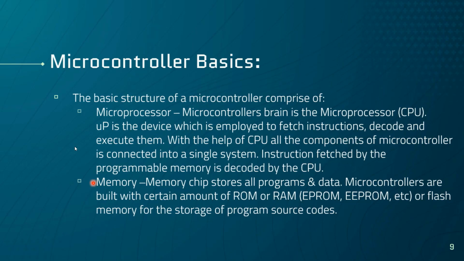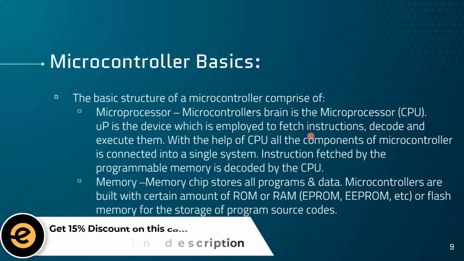What does the microcontroller consist of? The most important component of the microcontroller is the microprocessor, or the CPU, the central processing unit inside the microcontroller. The microprocessor is the device which is employed to fetch instructions, decode, and execute the instructions.